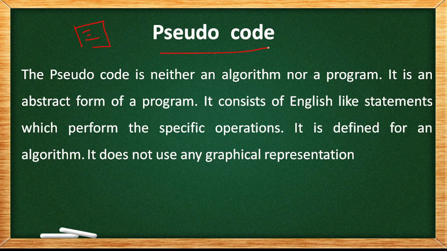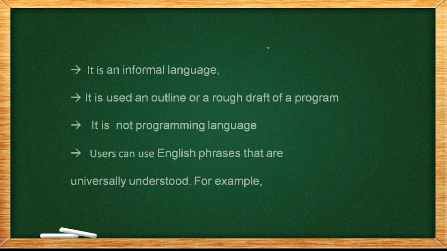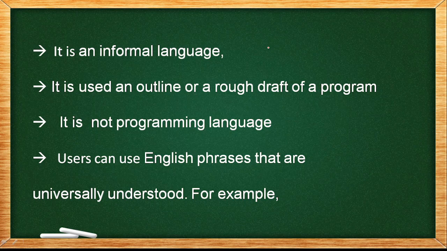Basically, pseudocode is an informal language, like talking with friends. It is used for an outline or rough draft of programming. It is not a programming language. People often think pseudocode means a programming language, but it is just an outline of the program.